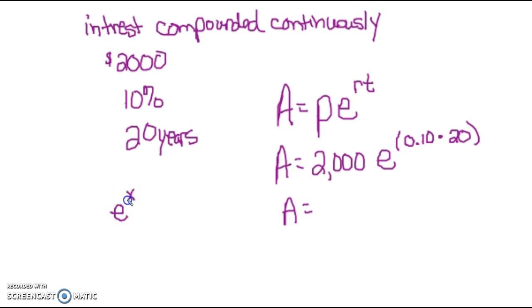E to the X is over top of LN, the natural log, and we're going to talk more about that next week. So, of 0.1 times 20, did you get 14,778 and 11 cents? Okay.